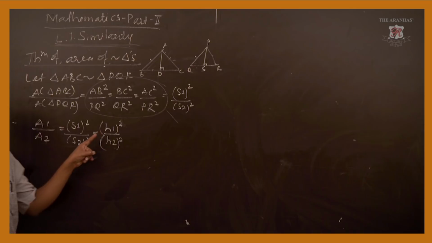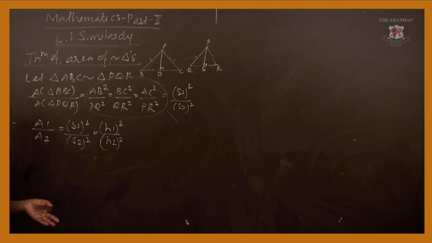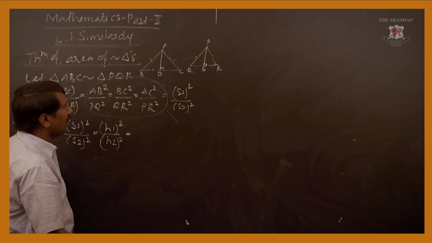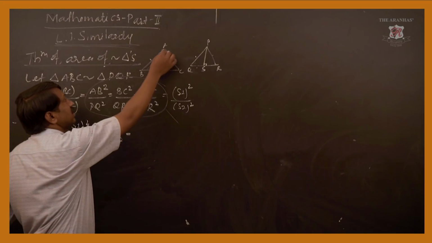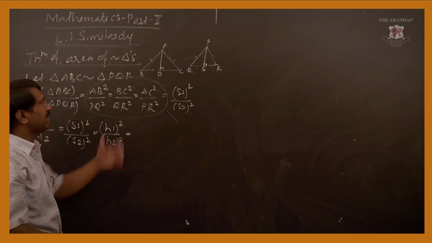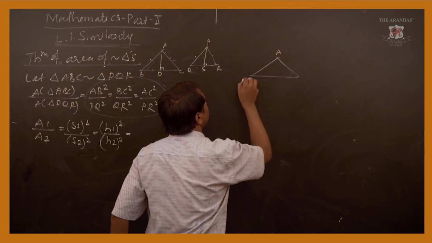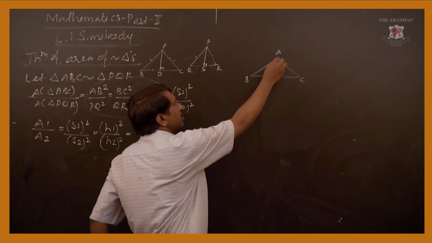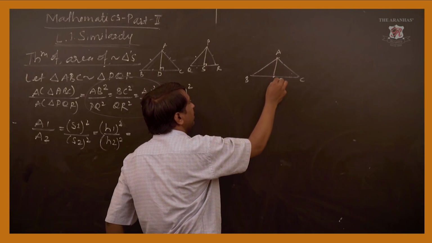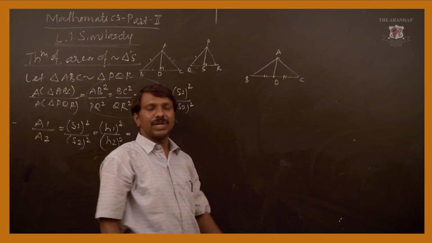So it is equal to the squares of the three corresponding altitudes. Not only that, just as we construct the altitude, similarly we can construct the median. Median means, if this is triangle ABC, from vertex A you draw a segment that bisects segment BC, then segment AD is known as the median.